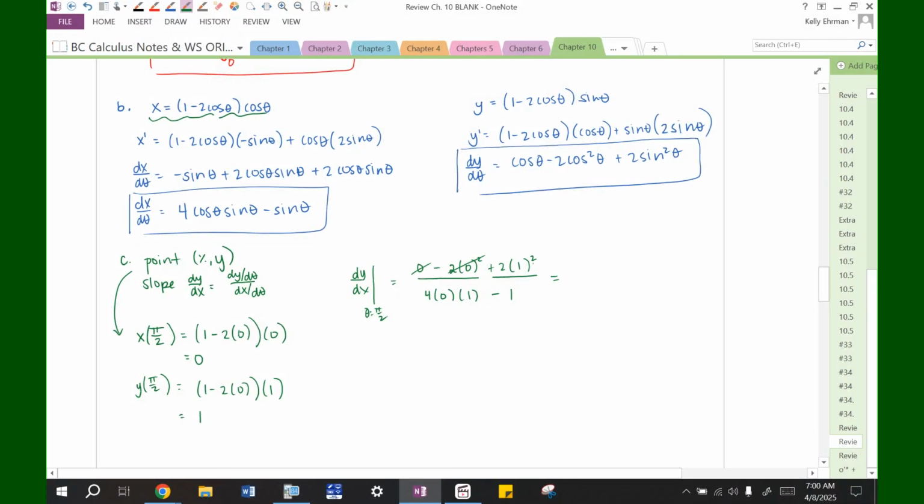So that's 2 over negative 1. So the slope is negative 2. The equation is y minus 1 equals negative 2 times x minus 0. Or you could write the slope intercept form, y equals mx plus b. Negative 2x plus 1 is fine as well.